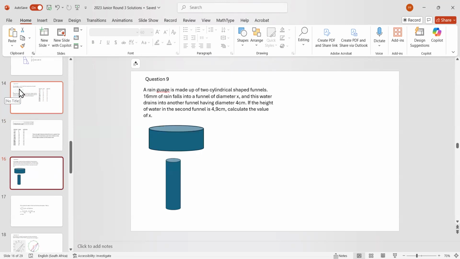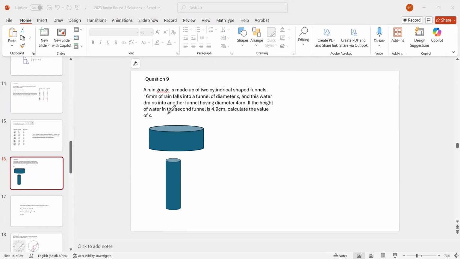Question 9. A rain gauge is made up of 2 cylindrical shaped funnels. So you can see this is a single rain gauge. 16 millimeters of rain falls into the funnel with diameter x.